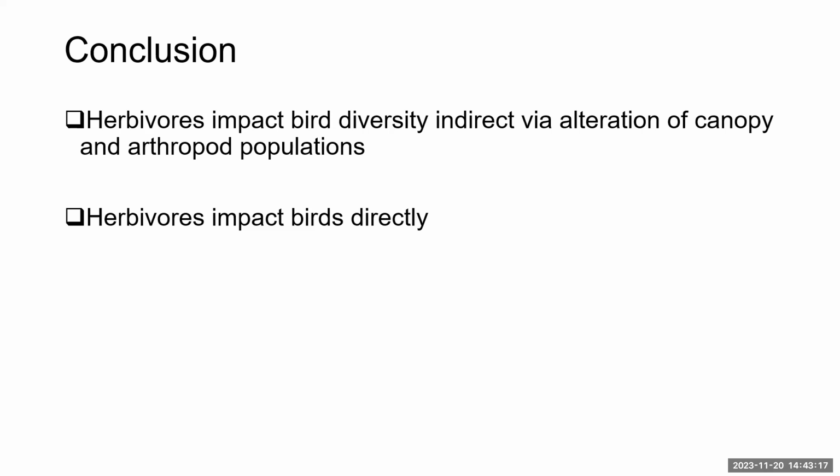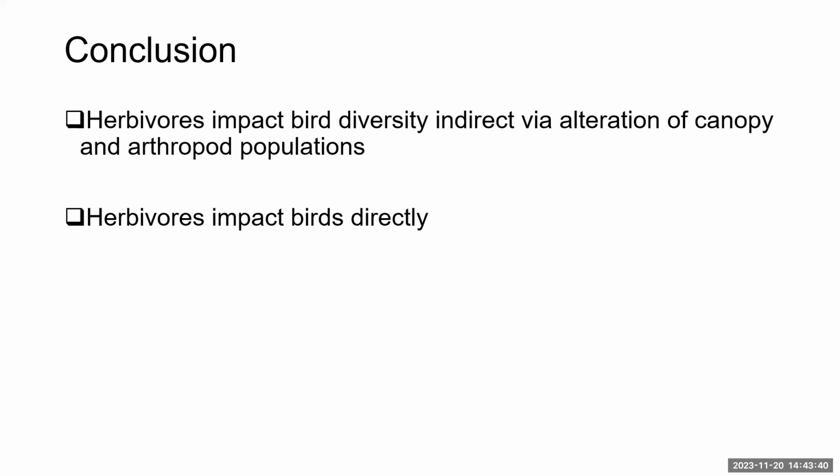It was interesting that arthropod populations were associated with shrubs, but we think what was really changing is other things like forbs and other flowering plants that influenced this increase. But surprisingly, we also noticed this direct impact of large herbivores.